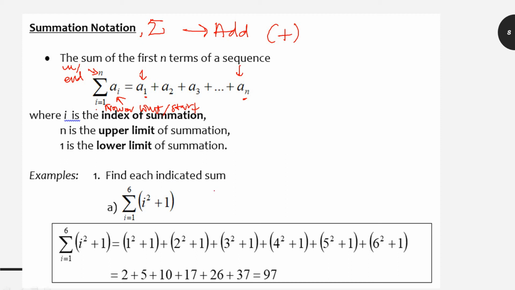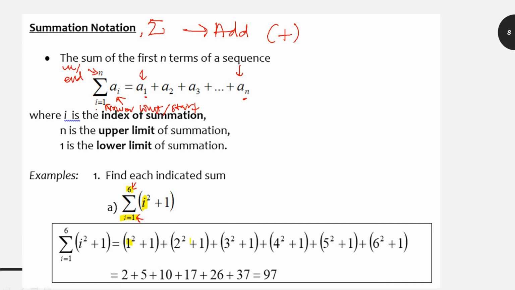Find each indicated sum. You have the general term i squared plus 1. In some books they don't use i, some books use a different variable. It's okay, as long as it indicates the general term that you want to change. In this case you start with 1, stop at 6. The only thing that changes is i, because i will start with 1 until 6.